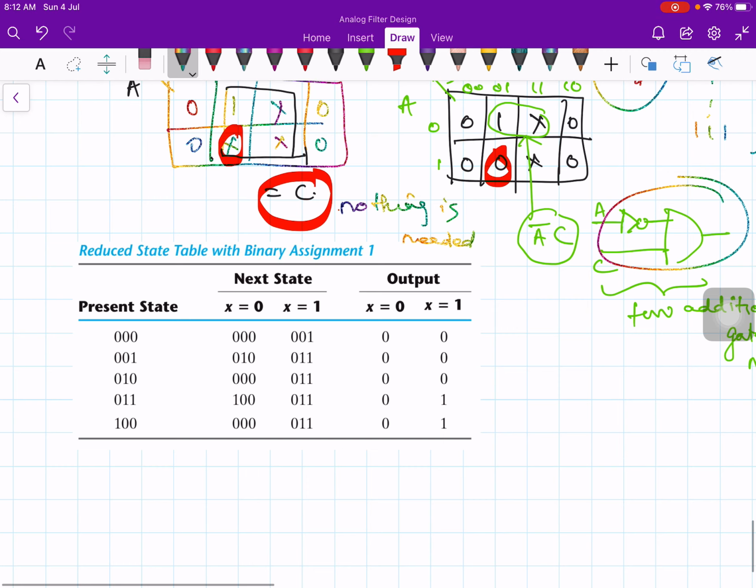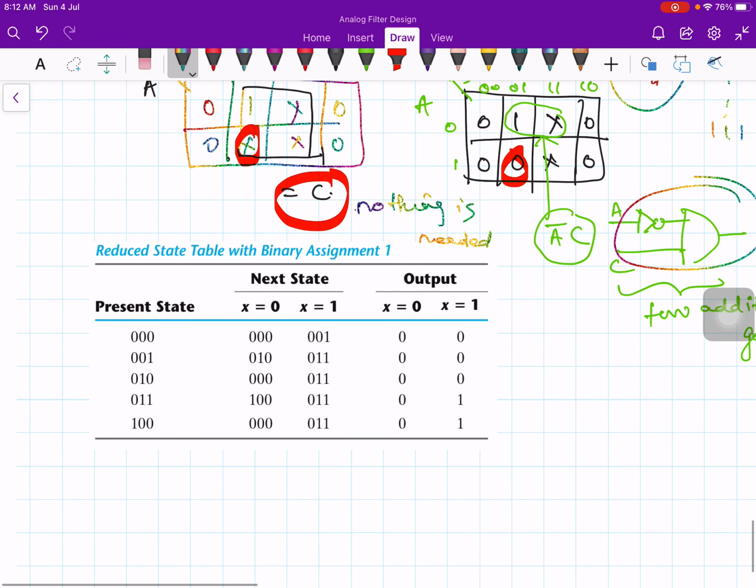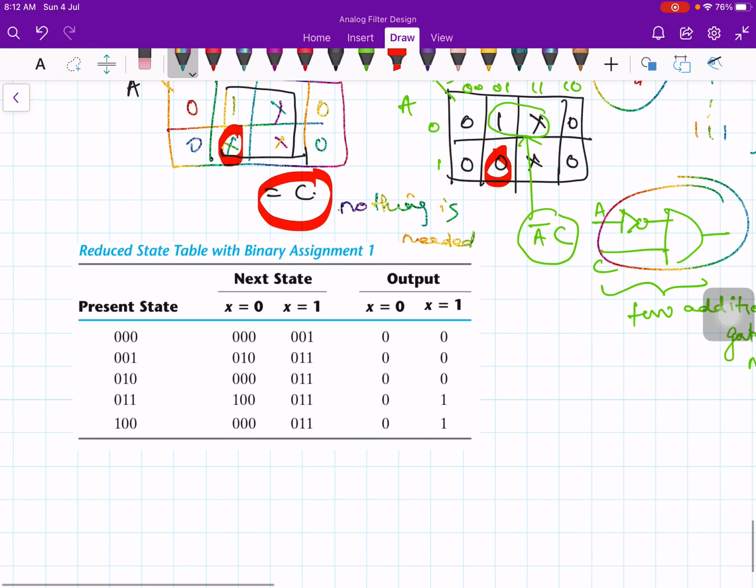The simplest way to code 5 states is to use the first 5 integers in binary counter order as shown below. See, you start from 0 0 0, 0 0 1, 0 1 0, 0 1 1, 1 0 0. So this is the simpler way to code it. Another similar assignment is the, sorry, not this one.